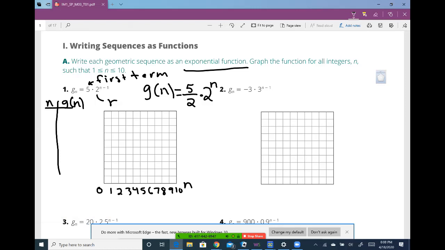It goes 1 through 10, so let's go ahead and do that. 1, 2, 3, 4, 5, 6, 7, 8, 9, and 10. We're going to make a big T-chart.